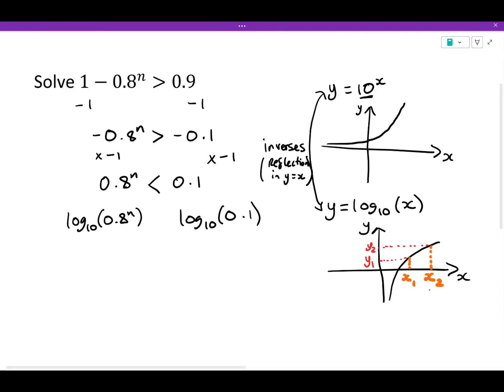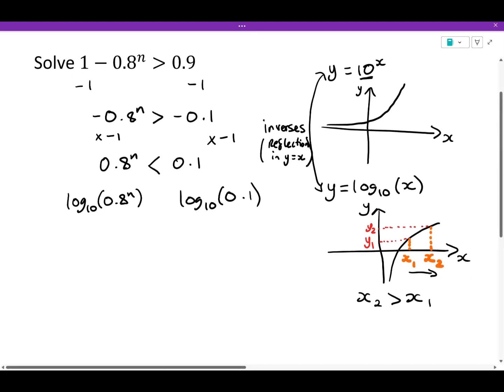So x2 is further to the right on the x-axis, so therefore x2 is greater than x1. And if you look at our y coordinates, the y2 is higher up, so therefore y2 is greater than y1.